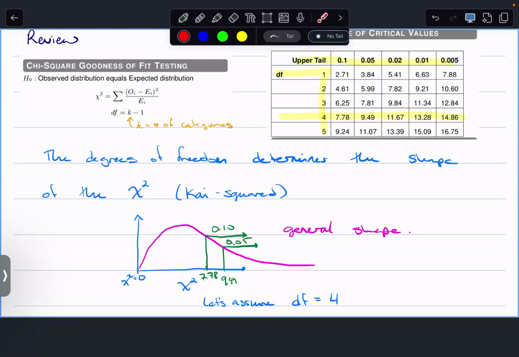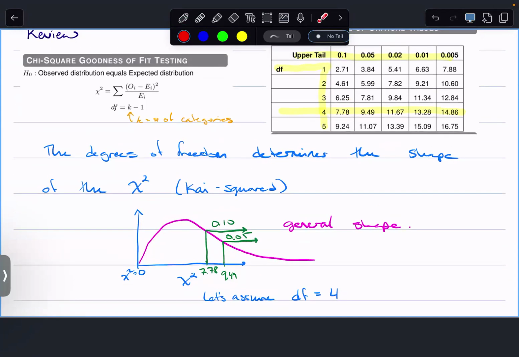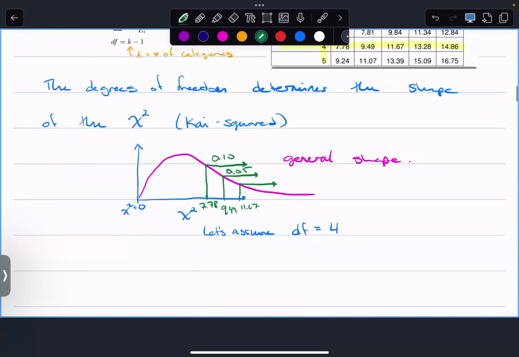It does limit me to 6 categories, right? I stop at 5 degrees of freedom. Of course, you can find a bigger table in the textbook or just online, but it'll suffice. So then we can move out to 11.67. It says that the area in the tail is 0.02.